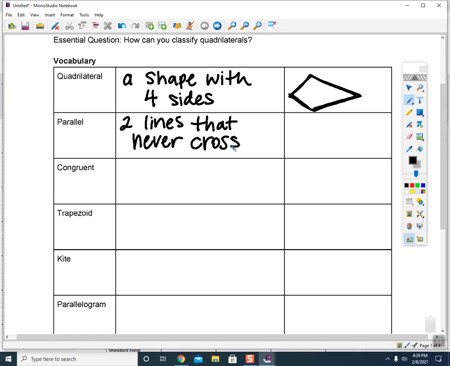And if you remember, I used a certain type of notation for this. If I want to indicate that the top two lines here are parallel, I do these little arrows, and that shows that those two lines are parallel to one another. Okay, so they're lines that are never going to cross.